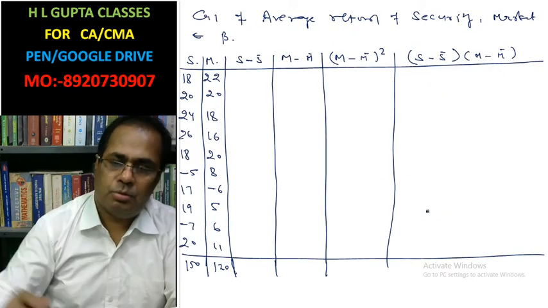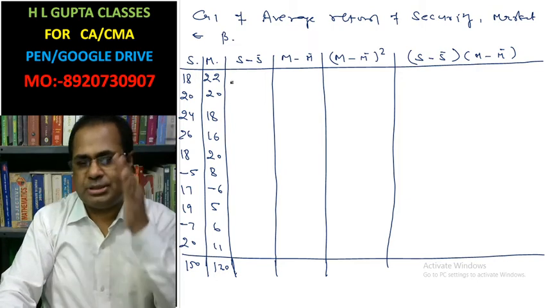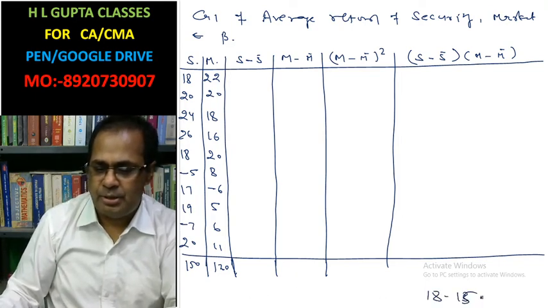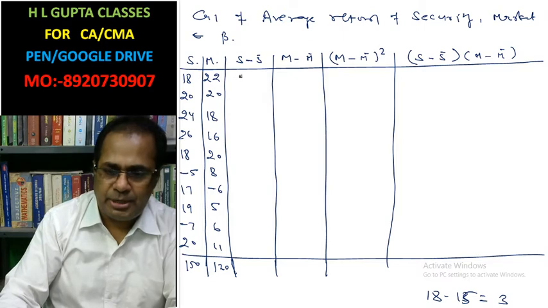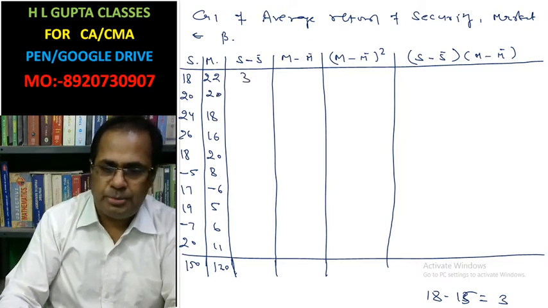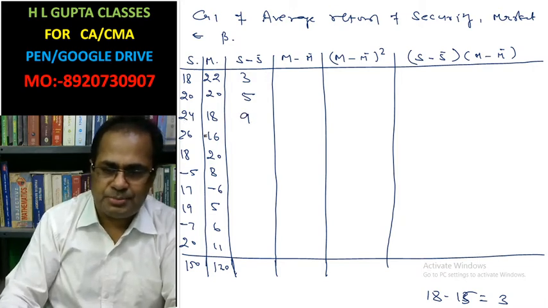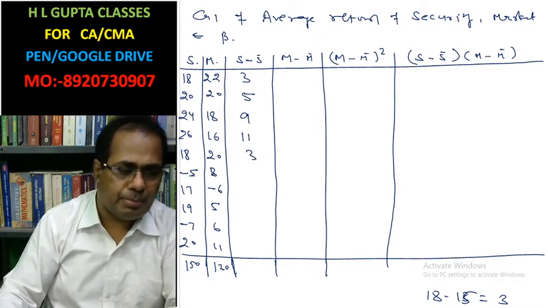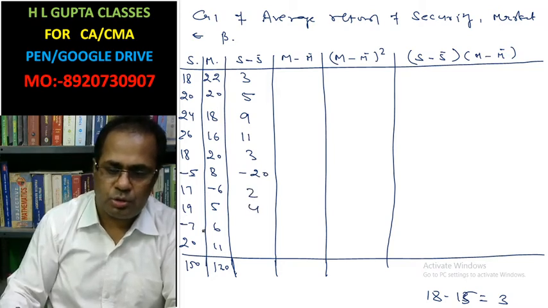Okay, now S minus S bar. 18 minus 15 is 3. 20 minus 15 is 5. 24 minus 15 is 9. 26 minus 15 is 11. 18 minus 15 is 3. Minus 5 minus 15 is minus 20. 17 minus 15 is 2. 19 minus 15 is 4.